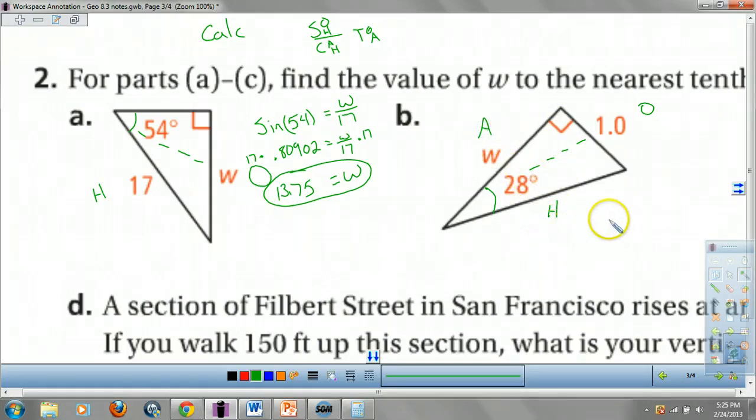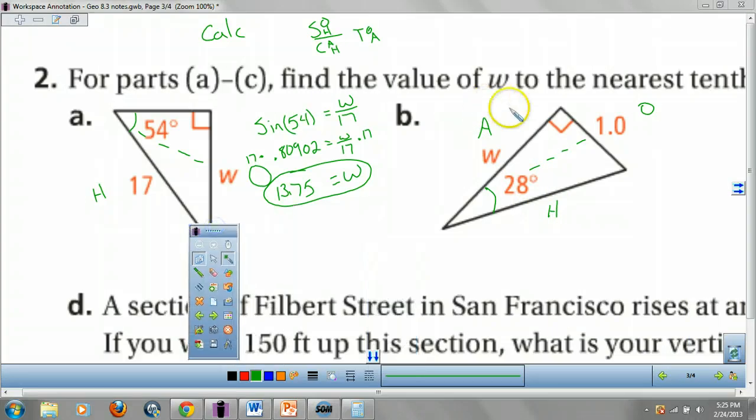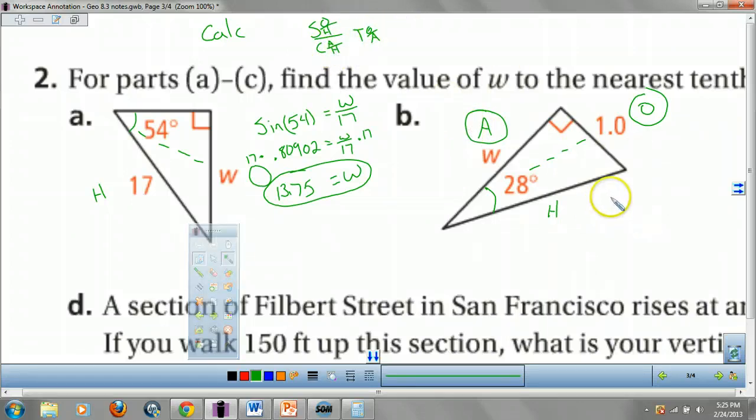That's not my hypotenuse. So I have an opposite and an adjacent. Which one has an O and an A? Well, TOA does. So we set tan of 28 equals my opposite over my adjacent.